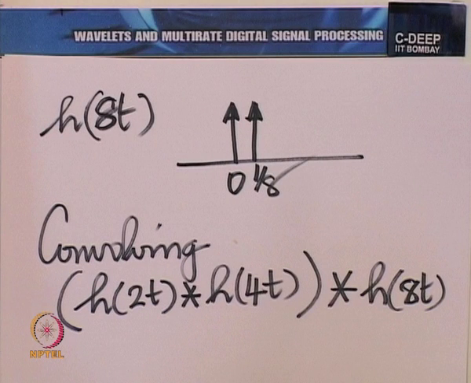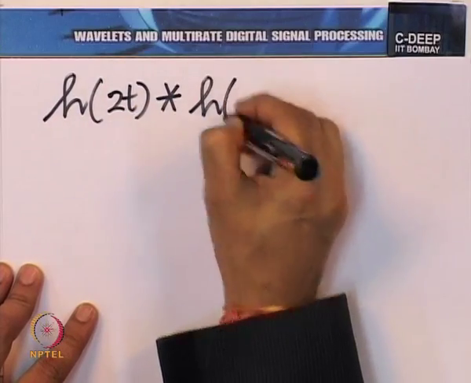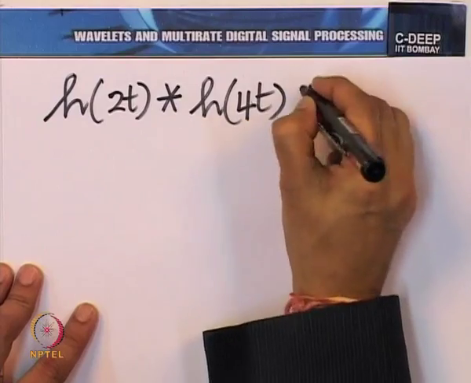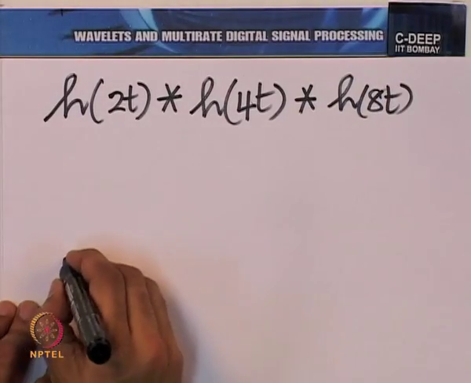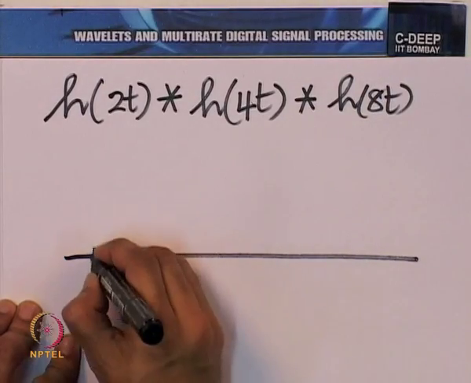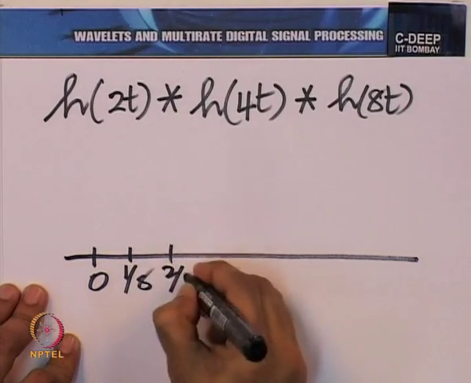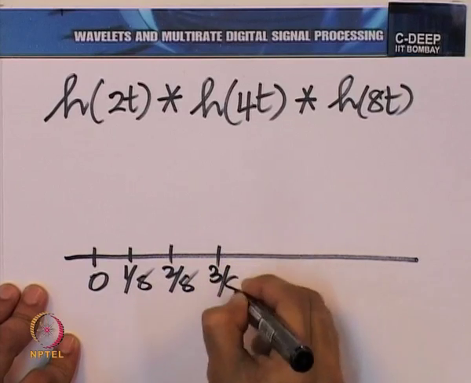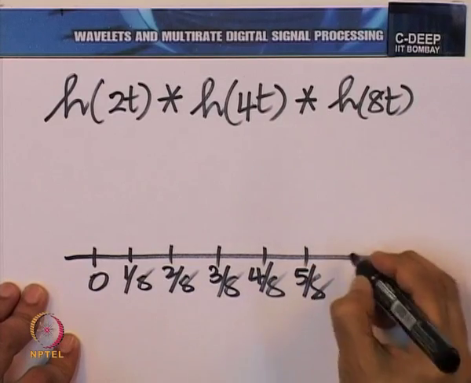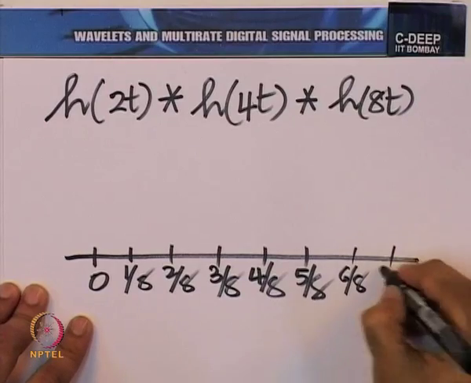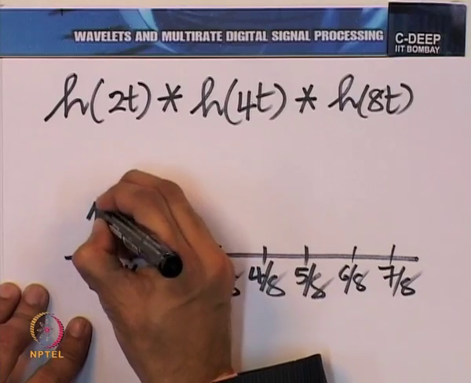This convolution results in impulses at each of these places.